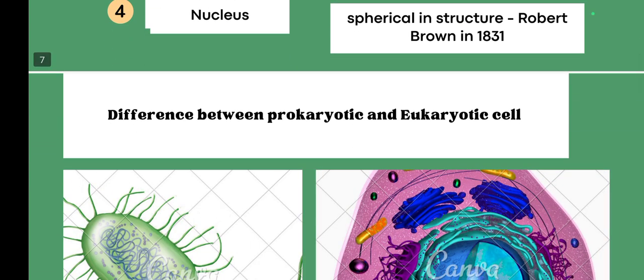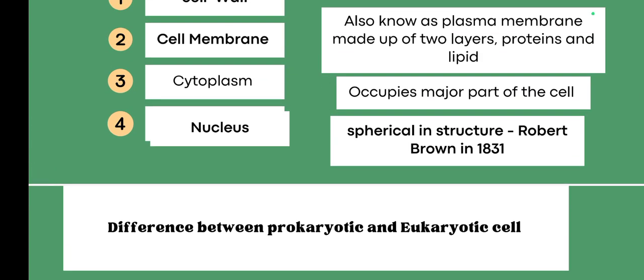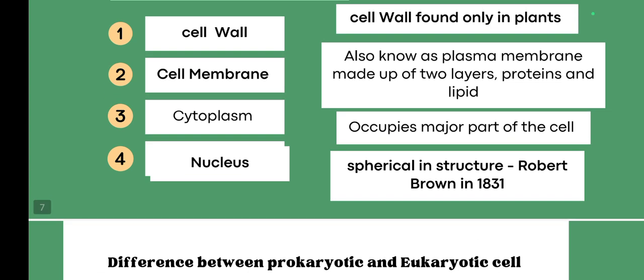Whereas the cell membrane, the cell is surrounded by the plasma membrane or the cell membrane. It lies inside the cell wall. It forms the outer boundary of the cytoplasm. It is trilaminar in structure. It is made up of two layers of protein and lipid molecules on either side. Some protein molecules are embedded either completely within the bilayer, or some carbohydrate molecules may be attached to the protein and lipid molecules.